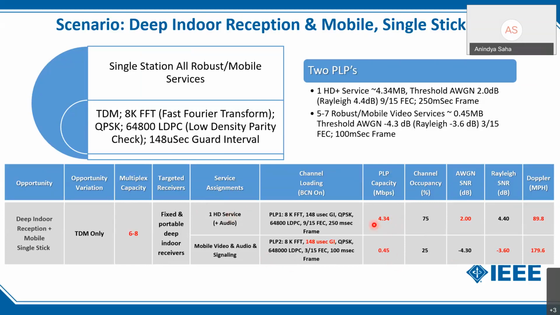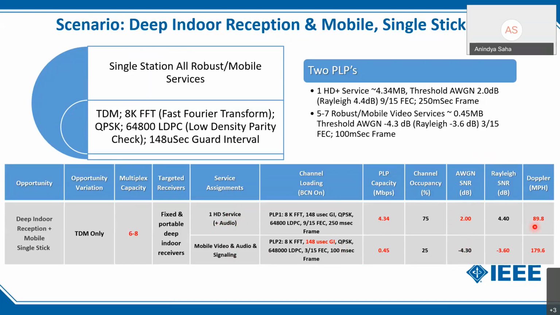The HD audio service is taking a high capacity, and mobile is taking very low capacity. You can also see the corresponding required SNR: PLP2 works at negative SNR, whereas the first service, the HD audio service, needs a positive 2 dB SNR.